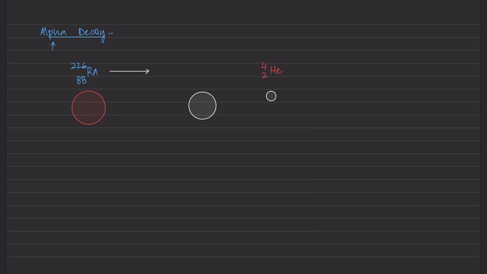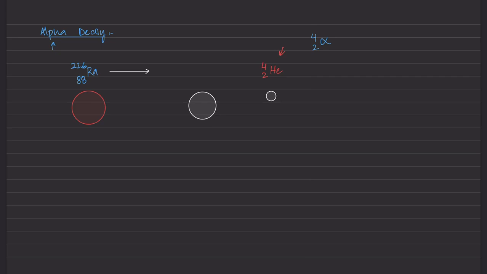So whenever alpha decay takes place, the element will be short of 2 in the proton number, and the nucleon number goes lower by 4, and this is how an alpha particle is made. You can also represent this as 4 2.